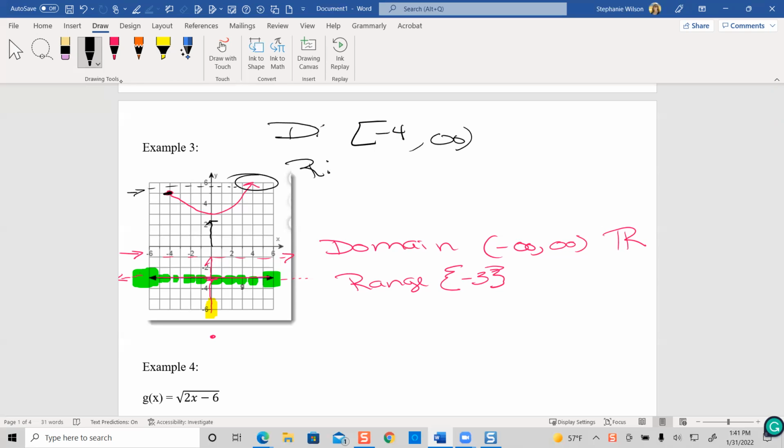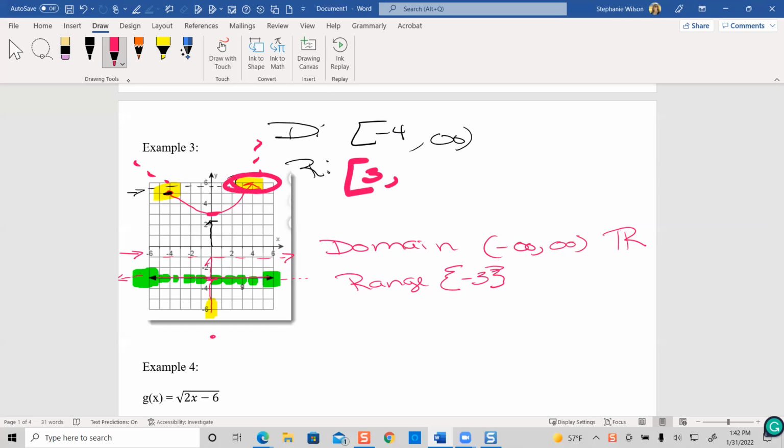And if you notice, the belly of it hit right here at 3, right? And what I see going on is one end has an arrow and the other end has a closed circle. However, they're both going up, so we have this bracket here at 3 because it included it. It's not doing anything else. So my bracket is at +3.